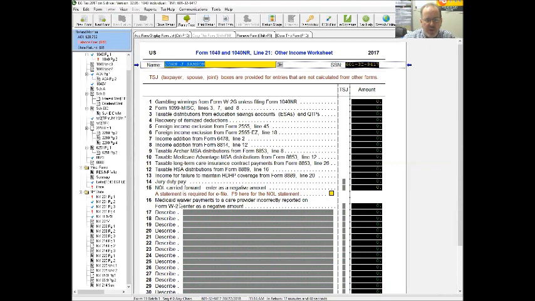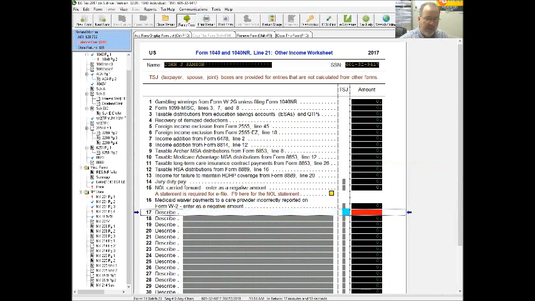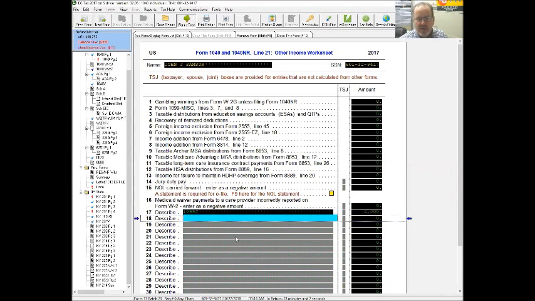We have jury duty, things like that that are on here. Here is one that says describe. If I had cancellation of debt, this is where it would go. 1099C, and I would put that cancellation of debt, okay? So I have that and say that he had $2,000 in cancellation of debt, all right?